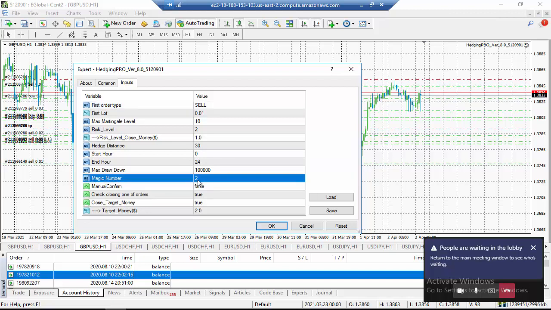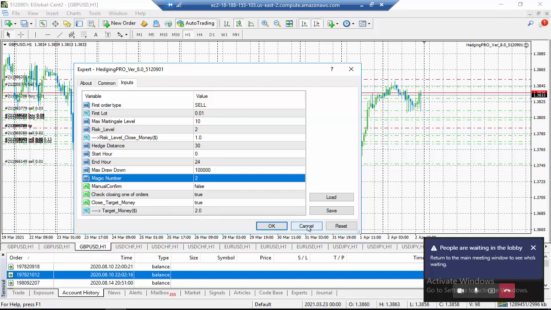Now, because it is a second chart, that first chart is 1, the magic number on the second chart will be 2. Manual confirmation is false. Closing check, check closing one of the orders is true. Then my close target money should be true so that it can trigger the last command, which is target money in dollars, which is 2 cents.